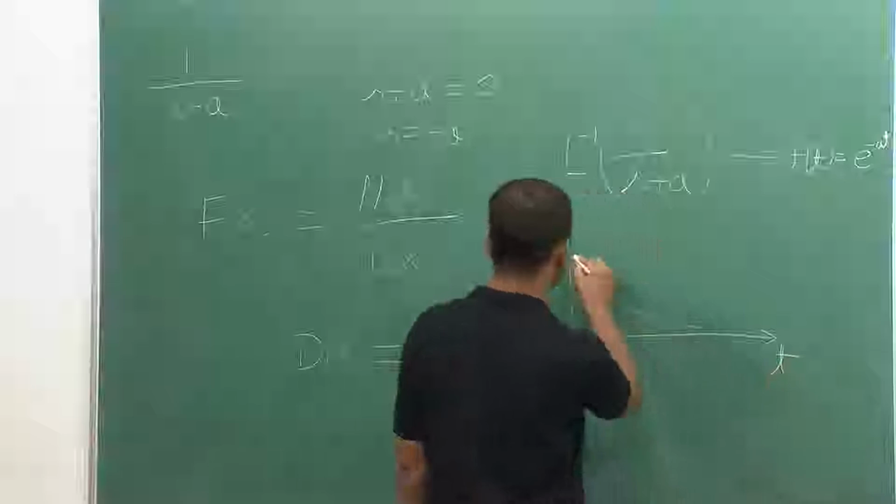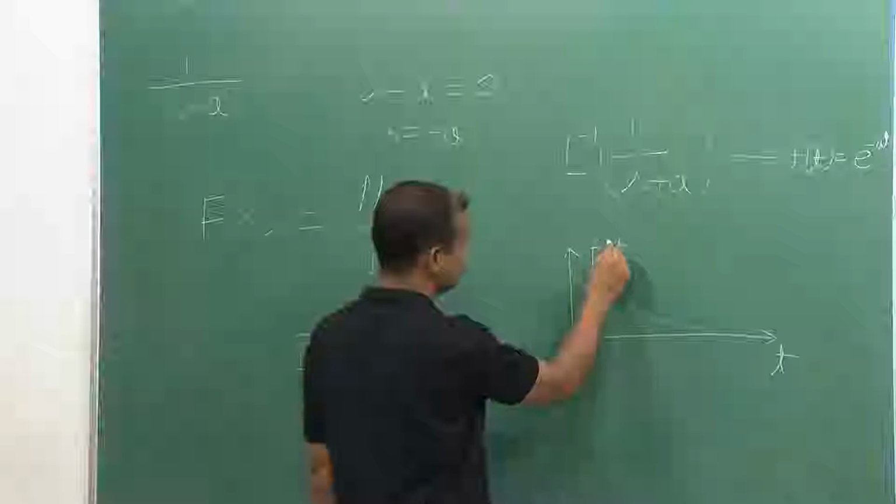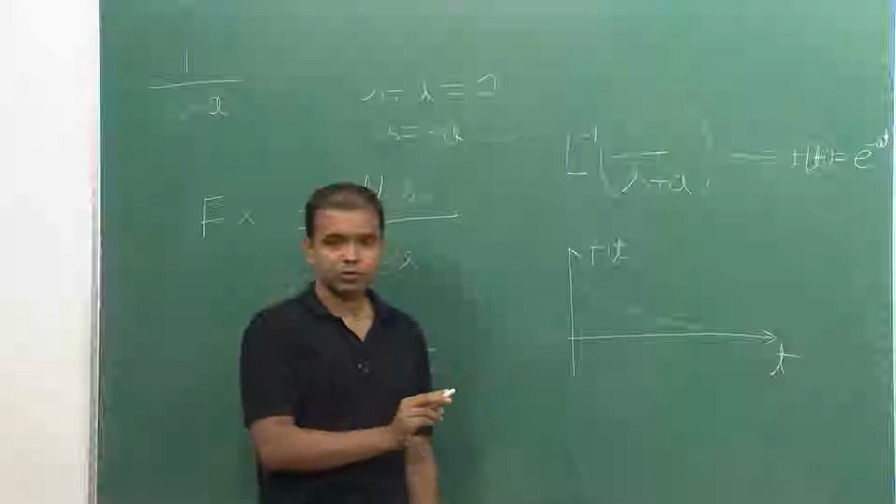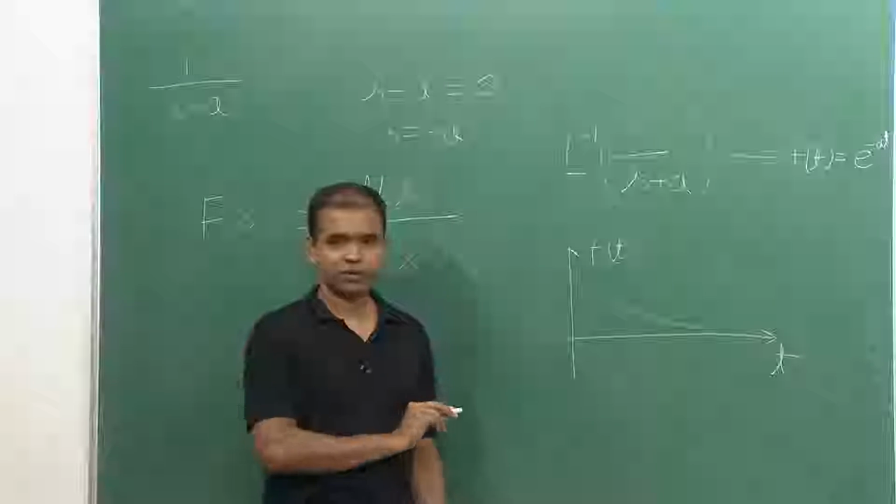This is the t and this is my f of t. As the time tends to infinity, the response will die out, and that is why our system is stable.